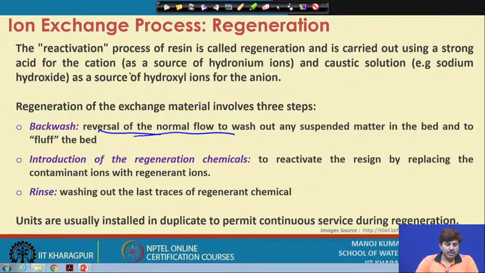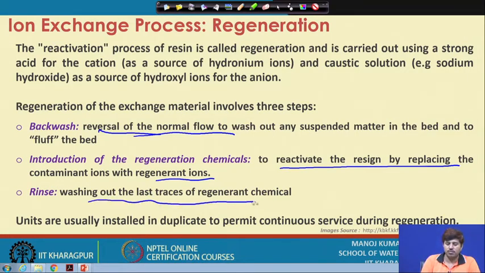This regenerant solution is passed to reactivate the resin by replacing the contaminant ion with the regenerant ion, as we were targeting, and then it is rinsed, finally washing out any traces of the regenerant chemical.